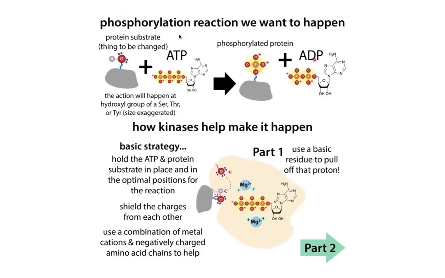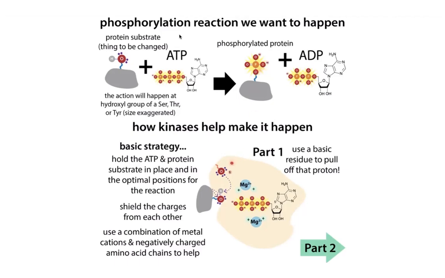This is going to leave us with ADP and a phosphorylated protein. Some kinases are going to phosphorylate small molecules, and we'll see this a lot when it comes to metabolic pathways, that phosphorylating those small molecules is a great way to do things like make good leaving groups. But for now, we're just going to look at this example where we're phosphorylating a protein.